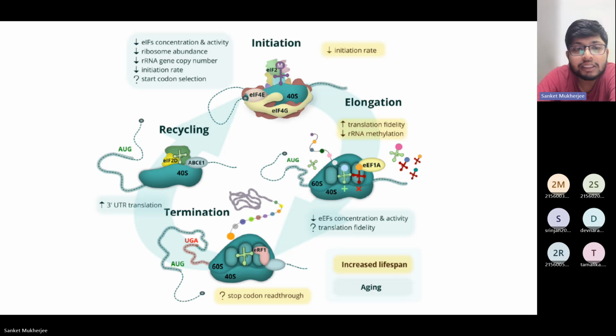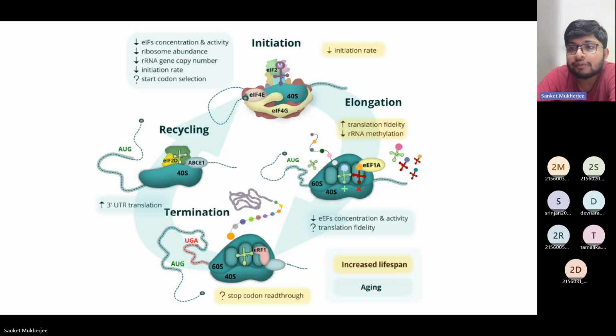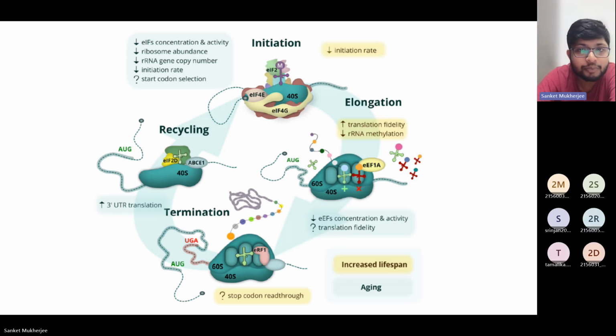There are some studies on that. And 3' UTR translation happens when you age. Sometimes the proteins do not stop where they are supposed to stop. And even in the initiation stage, the ribosome abundance decreases, the gene copy number decreases, initiation rate decreases. So a lot of these problems happen.